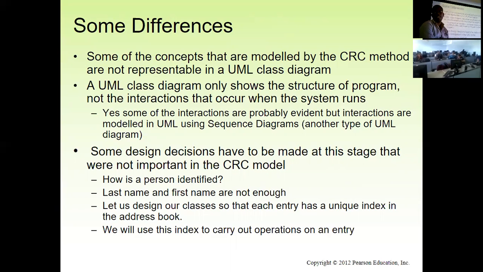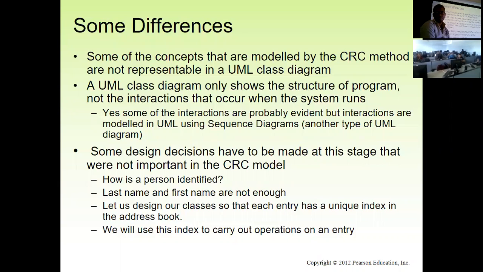Some decisions have to be made at this stage that are not important in the CRC model. So things like, now that we're going to implement a person, what tells one person object apart from another person object, right? So maybe name is not enough. So maybe you have to add an attribute that is going to be the unique identifier, such as an ID, right? Last name and first name may not be enough, right?